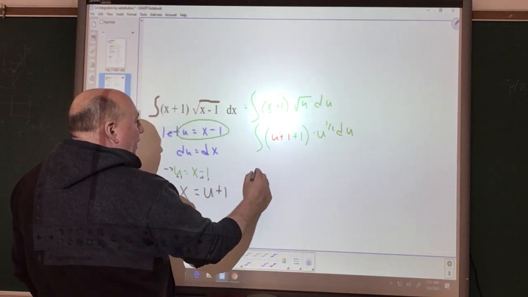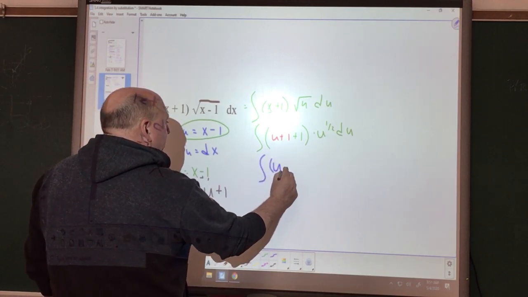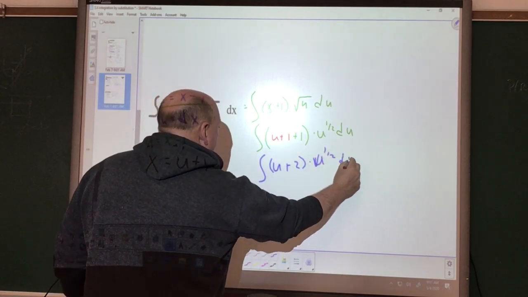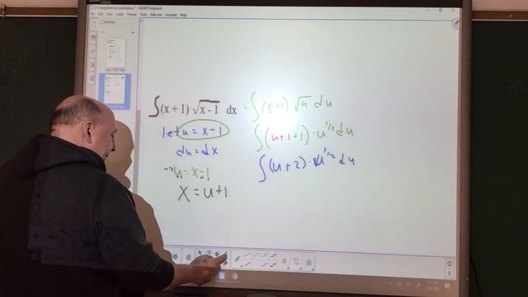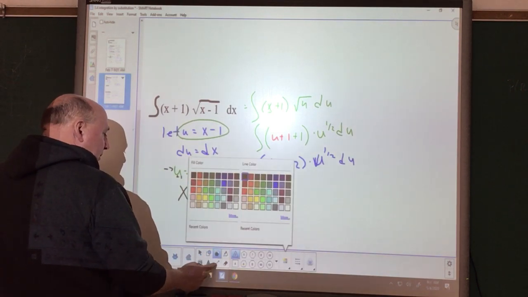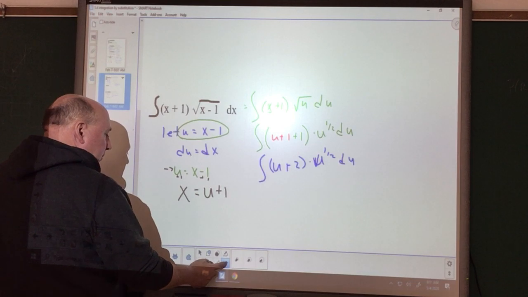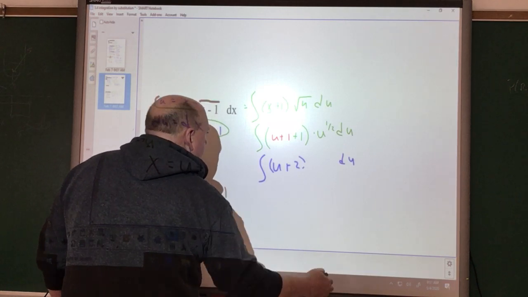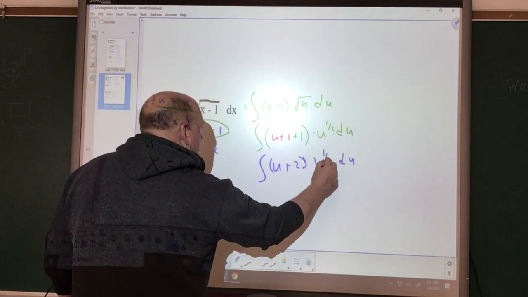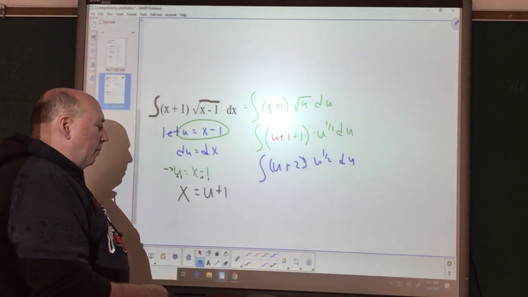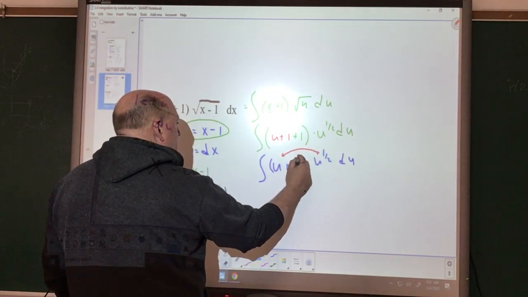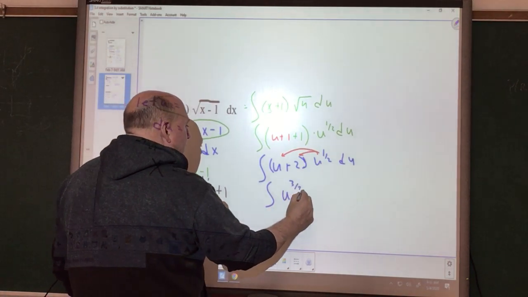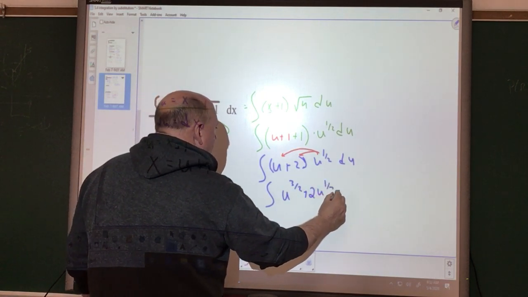So we have the antiderivative of u plus 2 times u to the 1/2 power du. Using our distributive property, we're left with the antiderivative of u to the 3/2 plus 2u to the 1/2 du.